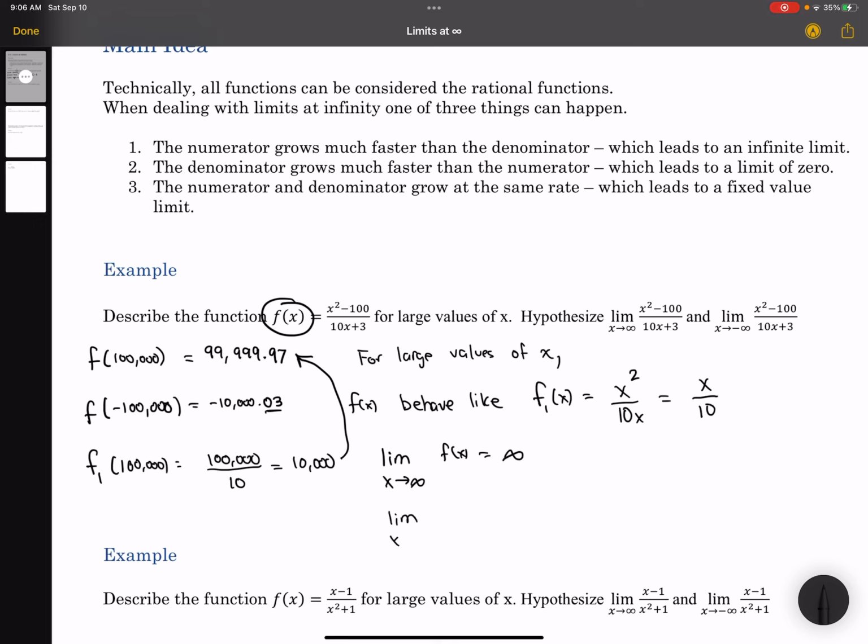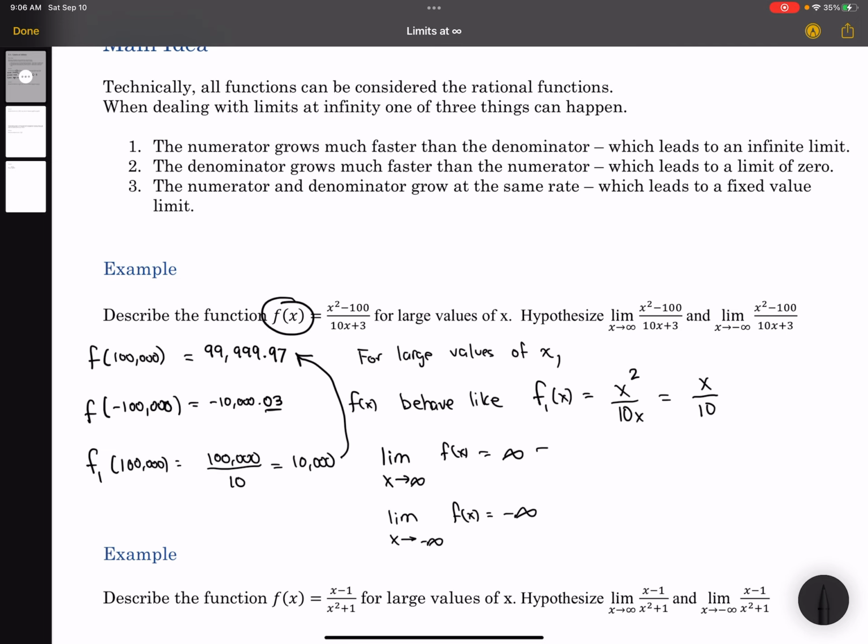And the limit as x approaches negative infinity of f of x is negative infinity. We can base that on what's happening here. If you substitute in a very large positive value and divide it by 10, you're going to get a large positive value. If we take a very large negative value and divide it by 10, we're going to get a large negative value. So it's simpler to use this reduced function to describe the behavior.